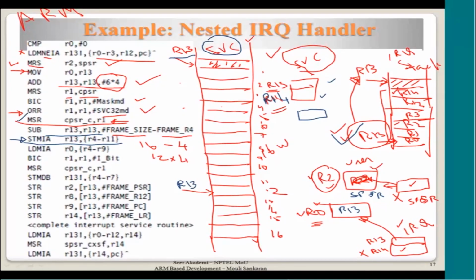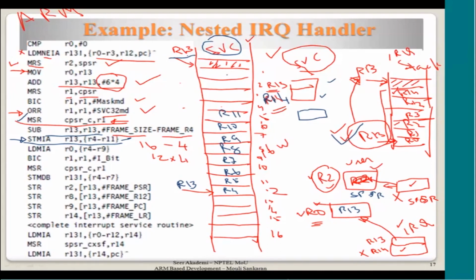So we are going to save starting from here R4, R5, R6, R7, R8, R9, R10, R11, because we are saving only up to R11. We have kept the space, we left it blank. The earlier value was there, it will remain there. No problem.